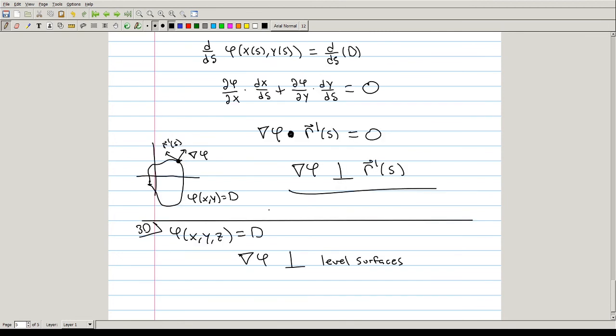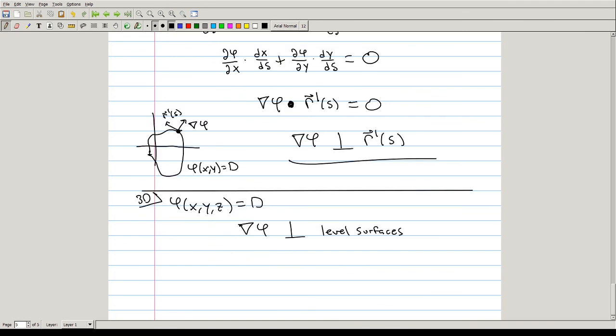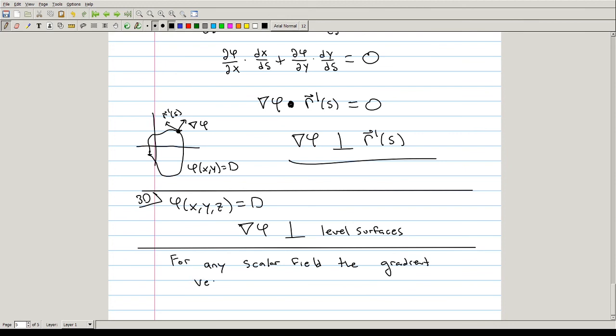The main idea and the main thing that we've kind of shown here is that for any scalar function, or scalar field, the gradient vector determines all of the information needed to evaluate the rate of change for the scalar field.